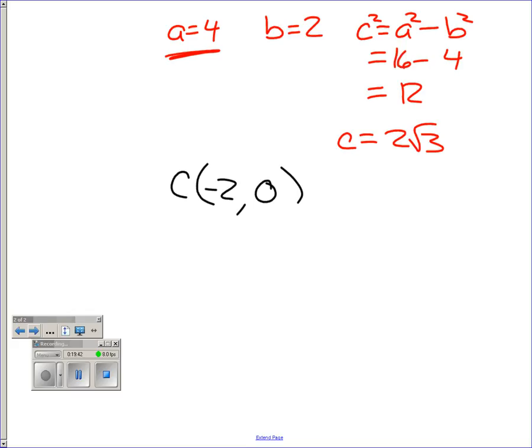Well, let's take a look at this just a second, because I know it doesn't ask about eccentricity, but we're going to talk about eccentricity here. You just do C divided by A. We'll take a look at what we have when we take C divided by A. 2 root 3 divided by 4.